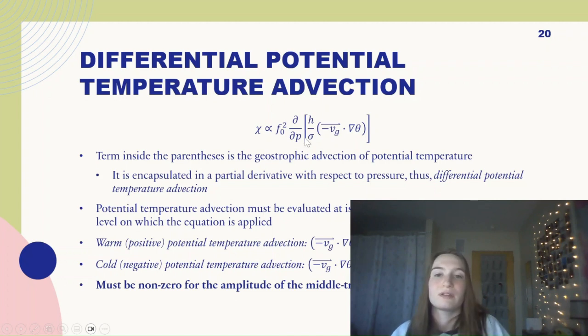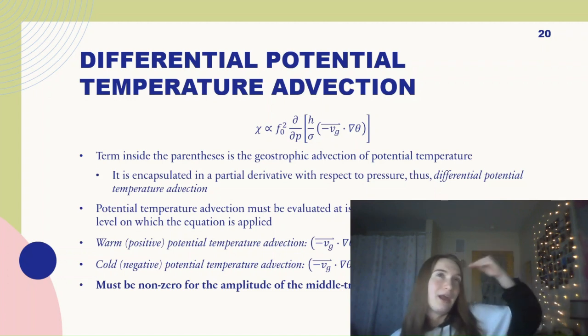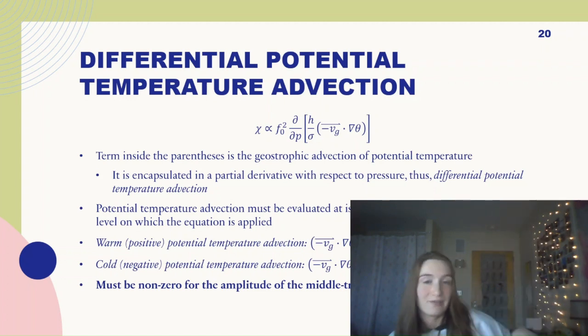So if we have to see how it's varying in height, that means we have to look at isobaric levels both above and below the level on which the equation is applied. So if we're looking at 500 millibars, we want to know what is the differential potential temperature advection at 500 millibars? We want to look at the temperature advection at 250 millibars and at 700 millibars. Does that make sense? Hopefully.